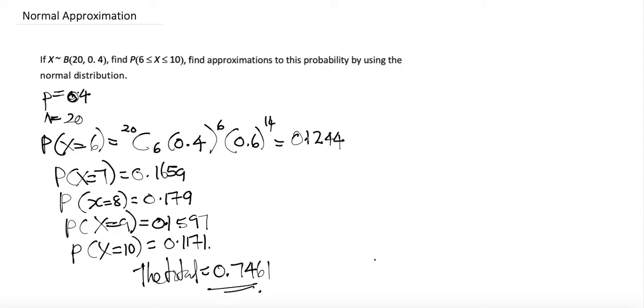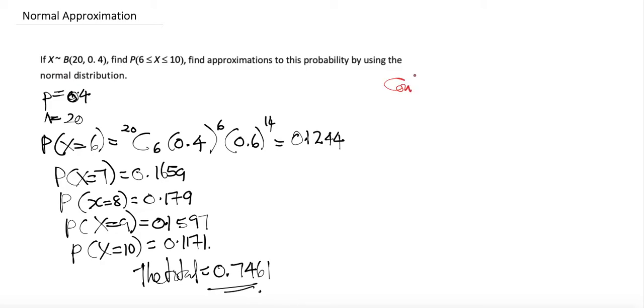Now we're going to use the approximation method. Okay, what would we get if I use the approximation method? To approximate, since I have x less than 10 and greater than 6, I'll start with 6.